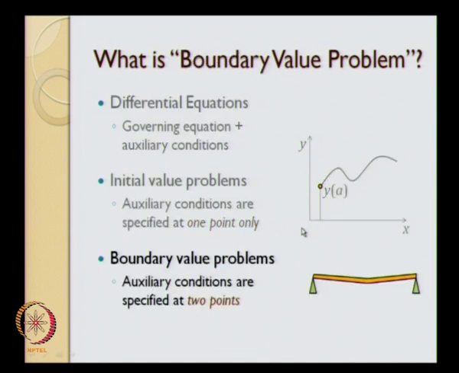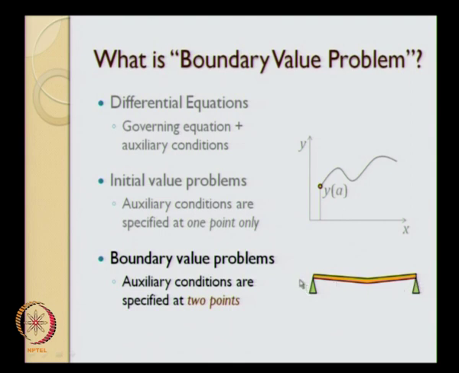On the other hand, you can think of boundary value problems as problems which are hinged at both ends, both at the left and the right ends. Indeed, if you look at buckling of a particular rod under some weight, that will be a boundary value problem, and that naturally happens to be a boundary value problem because the rod is hinged at the initial end as well as the final end.